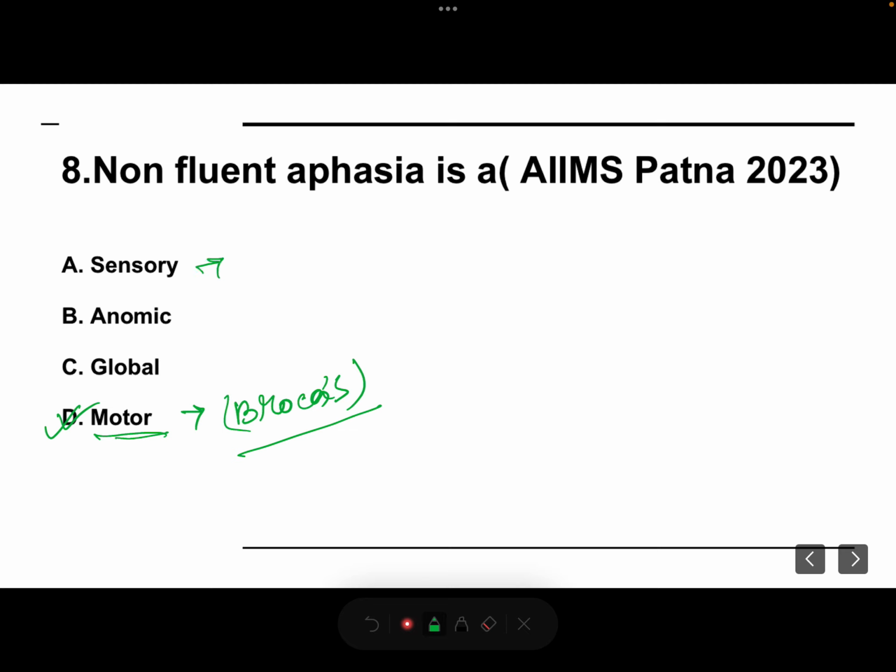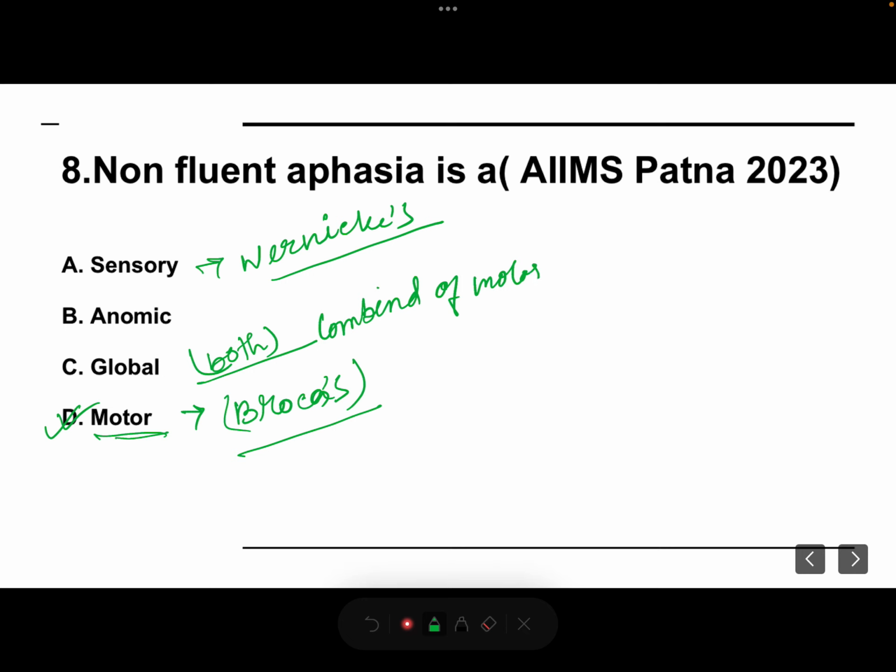Sensory is due to Wernicke's area, and global is a combination of both motor and sensory.